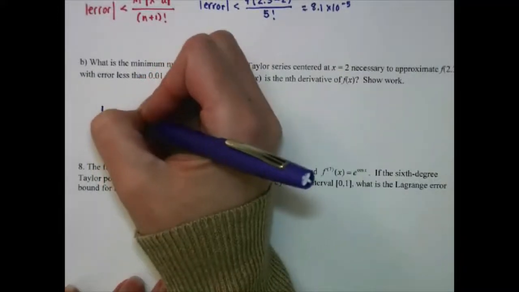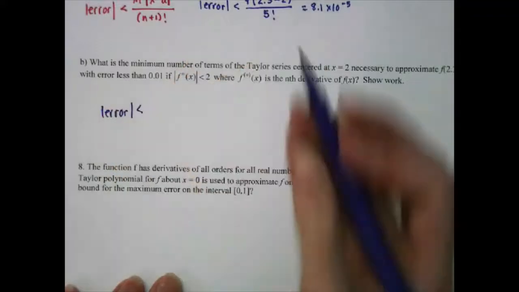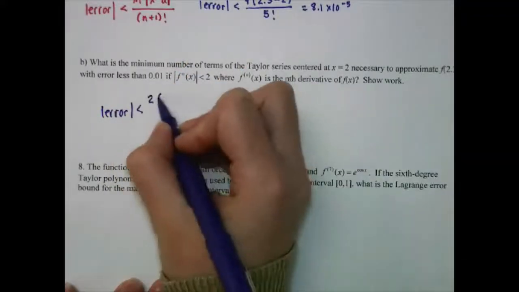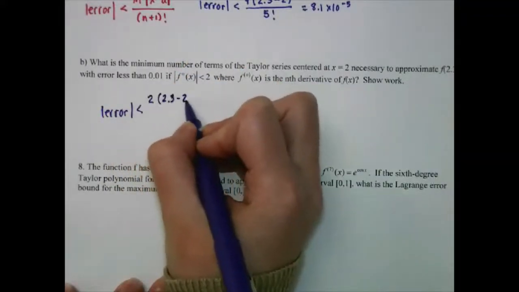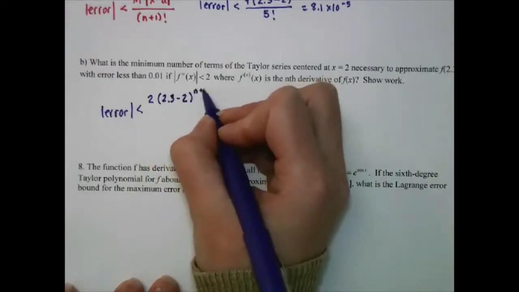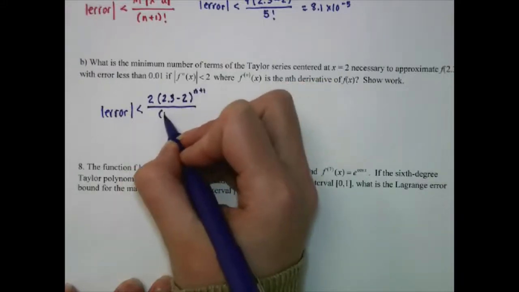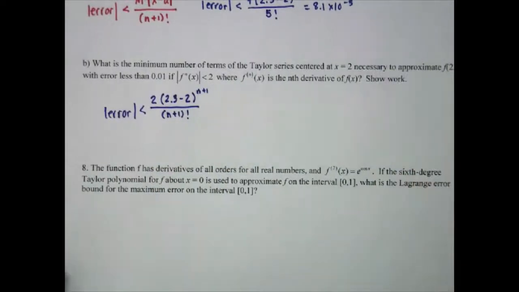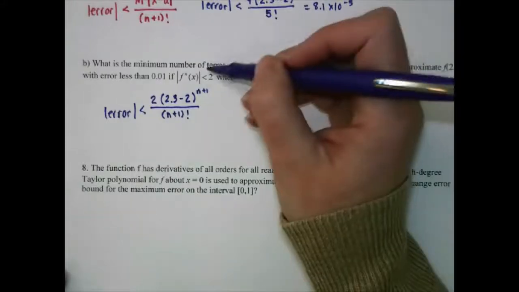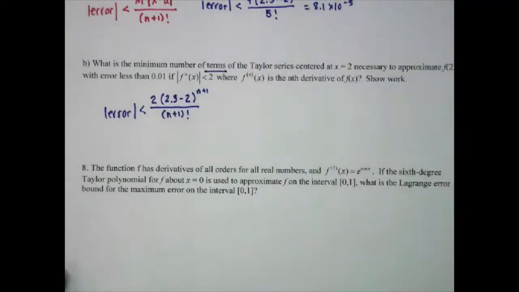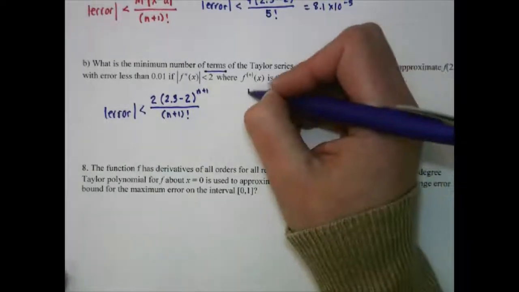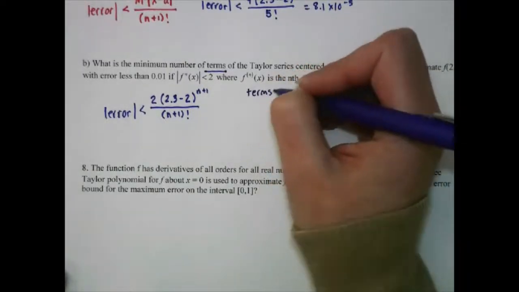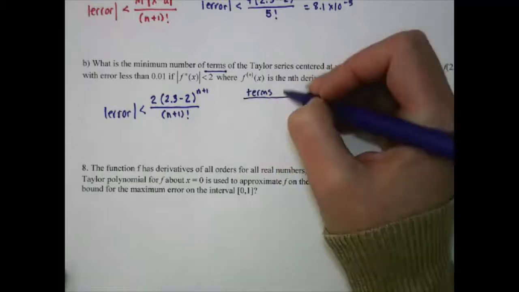My error for this one is going to be less than 2 times 2.3 minus 2 to the n plus 1 over n plus 1 factorial. Okay, there's a difference between degrees and terms, okay? And you might be asked for the degree, you might be asked for the terms. So I'm going to make a chart, and you can do this however you want.